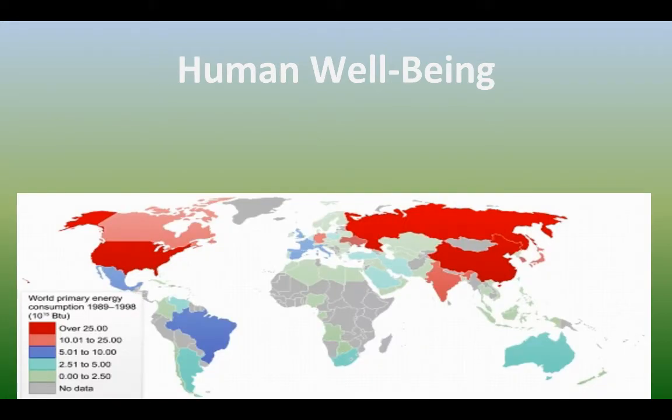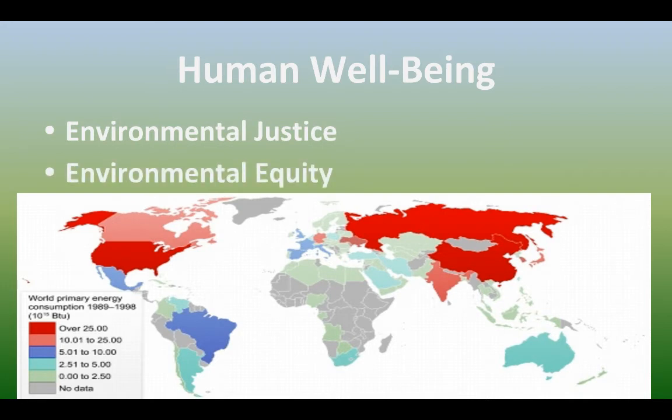Human well-being. In regards to the human well-being, we have to understand that we have an impact on the biological and natural resources of this world. And we all know certain people in the world, there's not an equity between the standards of living across the world.